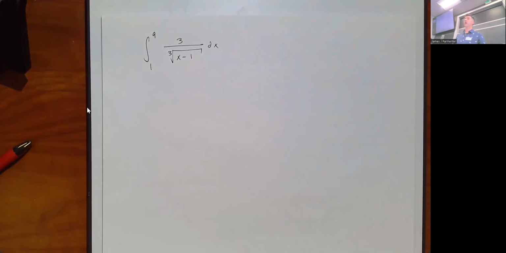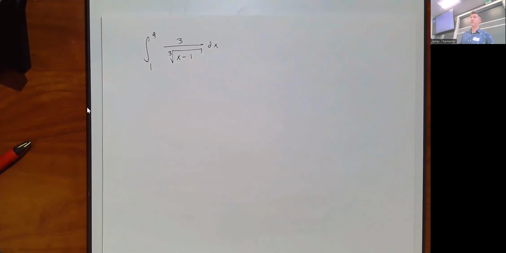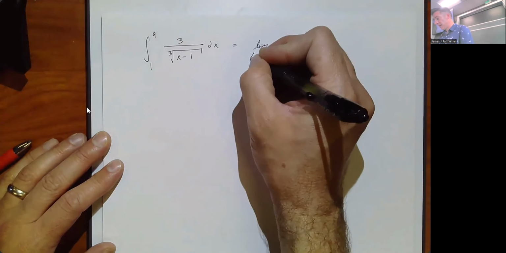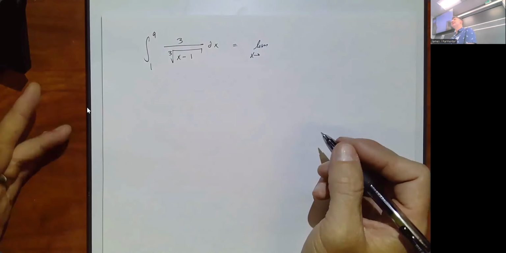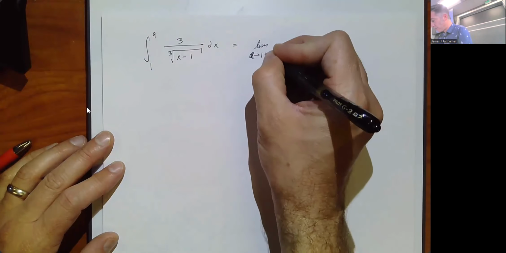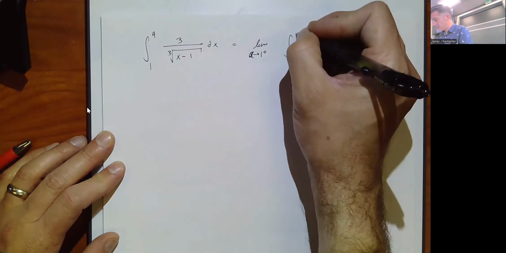You could totally do this problem and get the right answer without using the limit, but technically that function is undefined at what value of x? 1. So I really should write this as the limit as a approaches 1 from the right of the integral from a to 9.